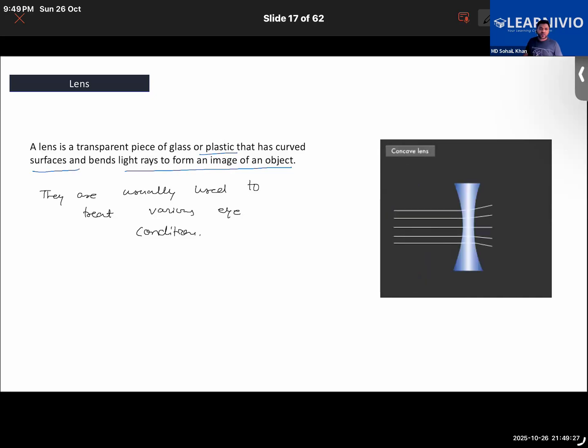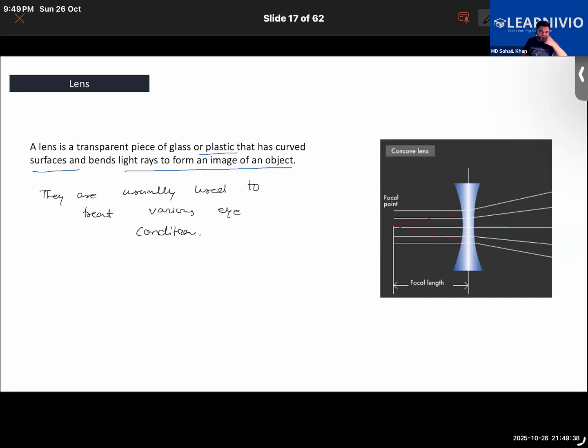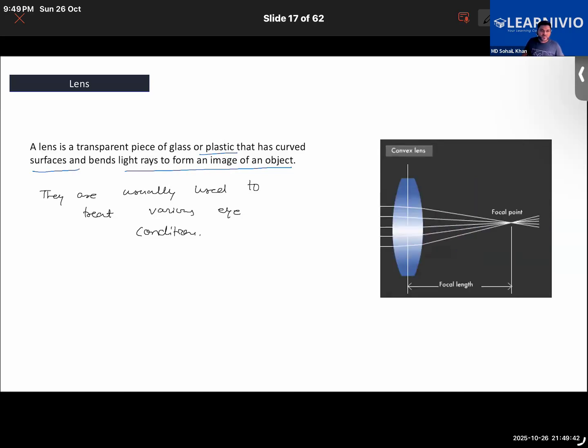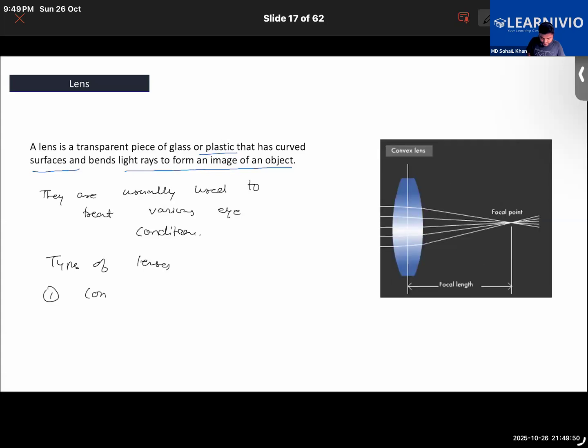There are various purposes for which they can be used. Some of them are used in vehicles also. So there are different types of lenses. The first type is the concave lens.